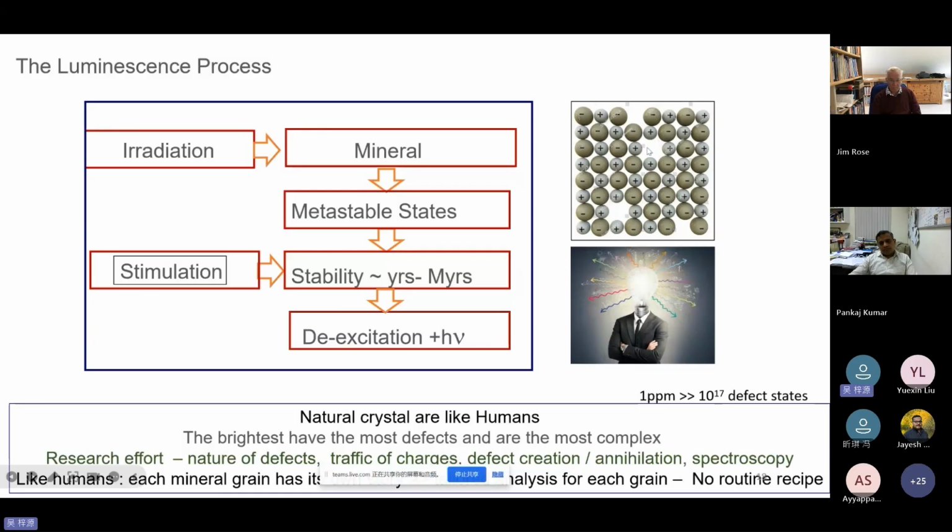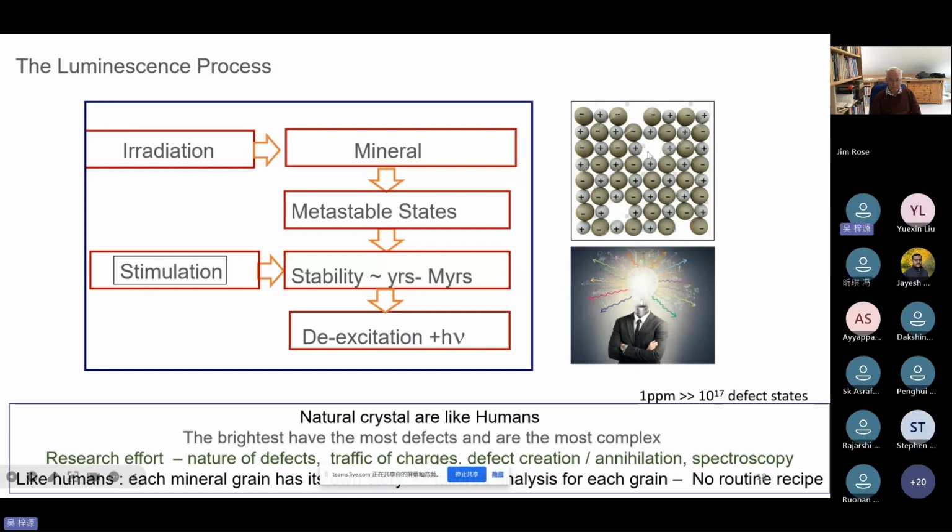A defect is a place with a charged environment which can hold an electron for some time, maybe a second, maybe millions of years. As you increase the radiation, the number of electron-hole pairs produced increases, and the number of trapped charges increases. So as time goes on, the more the radiation, the more the ionization, the more the trapped charge.